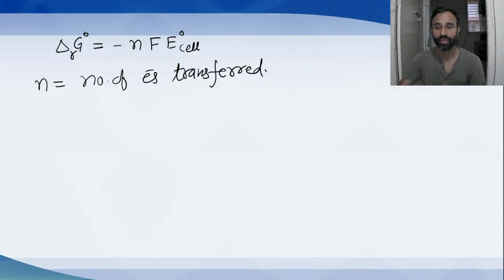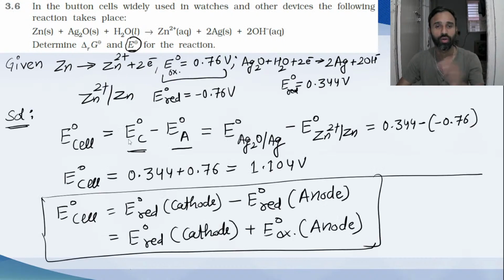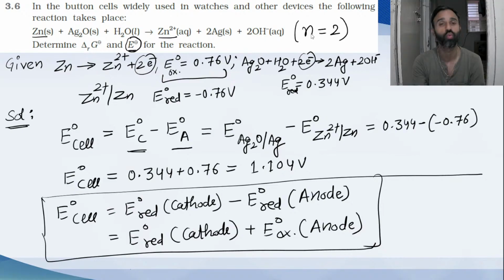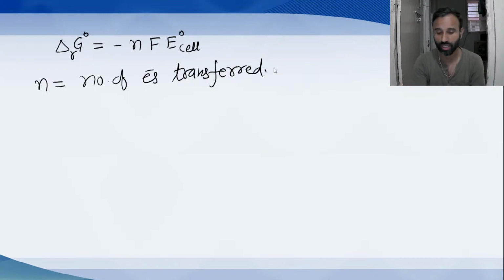Now see, in this case, the number of electrons transferred: Zn to Zn²⁺, how many electrons are involved? 2. Ag₂O to 2Ag, electrons involved are 2. That means n for this particular reaction is 2, the number of electrons gained or lost.